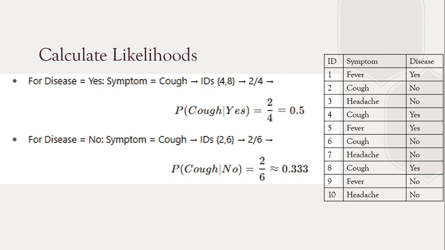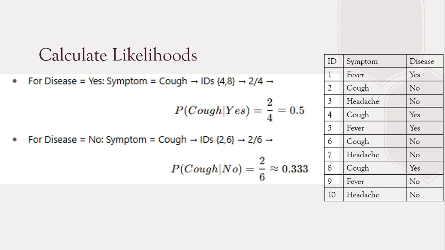So you can see we have the fourth ID in which cough is present as a symptom and we have disease as yes. Similarly, we have the 8th transaction where symptom is cough and disease is yes. So out of 4 yes, we have only 2 transactions in which we have cough with disease yes.